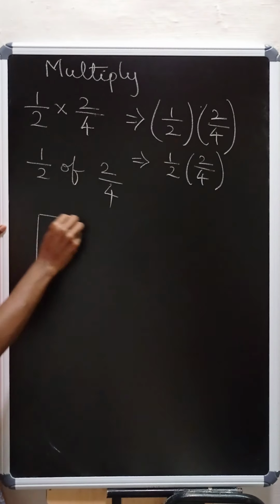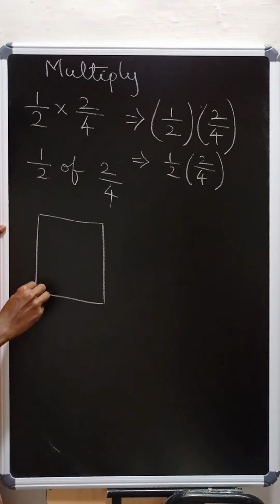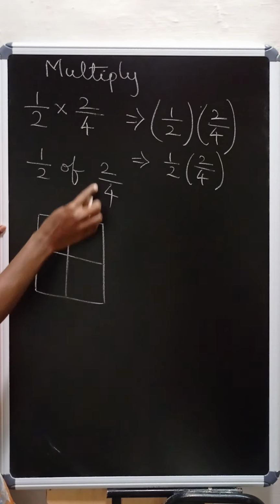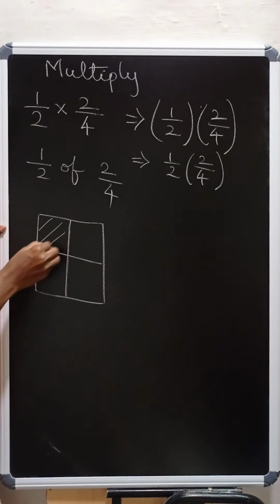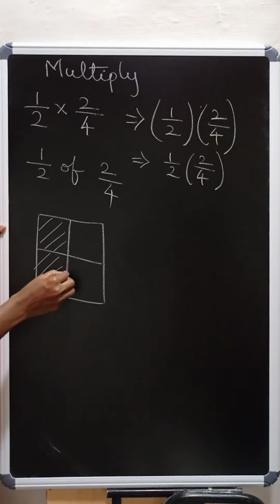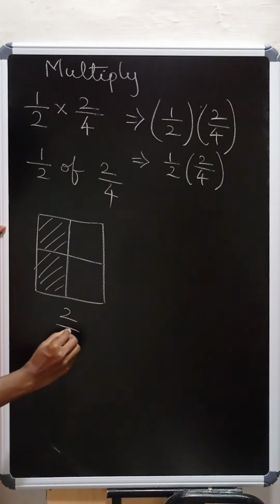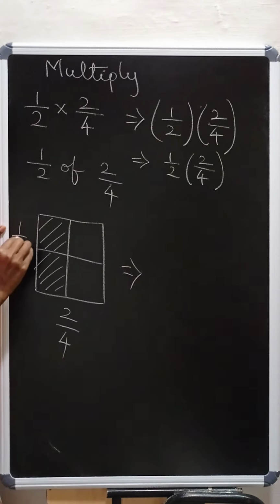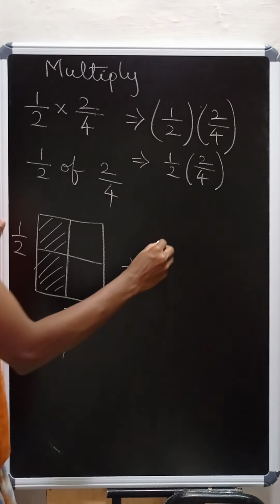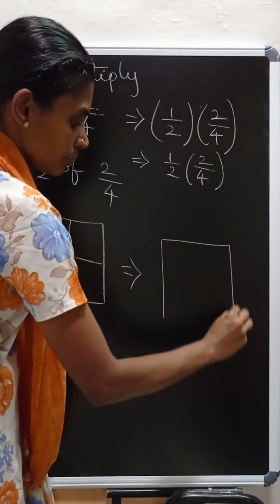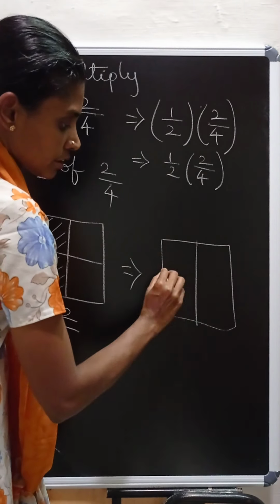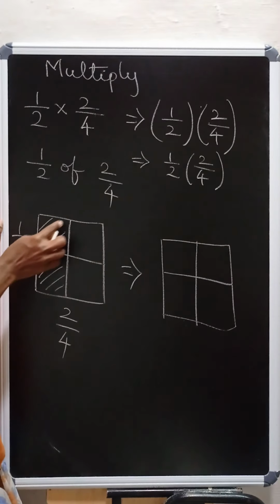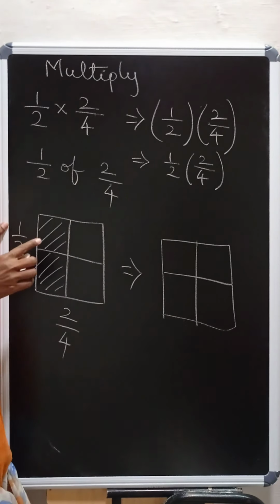Now take the fraction 2 by 4. So I have 4 equal parts. Now I am going to shade only 2. 1, 2. So this means 2 by 4. Now I need half of this 2 by 4. Now see here, whatever is the shaded portion, from that I am going to shade only half of the portion.